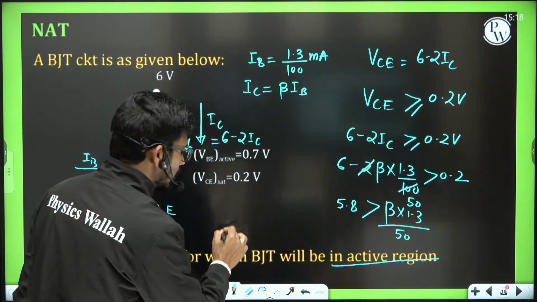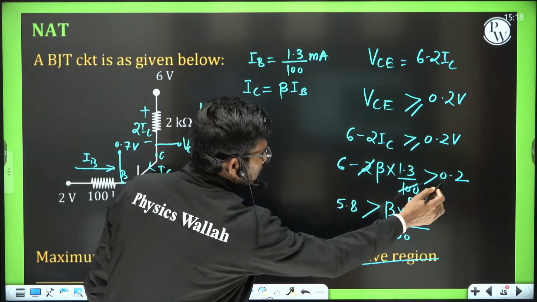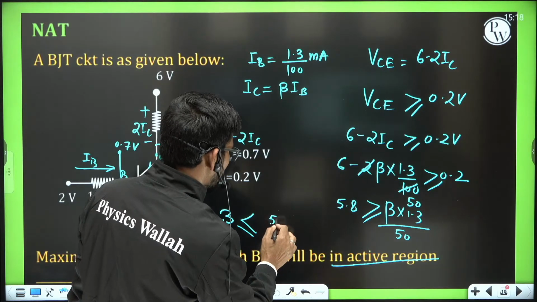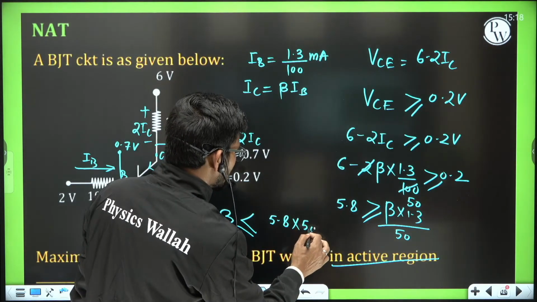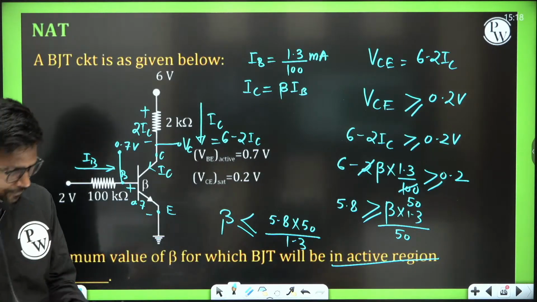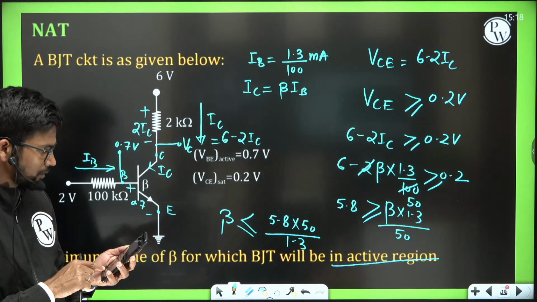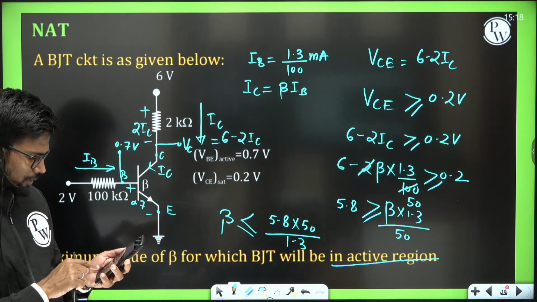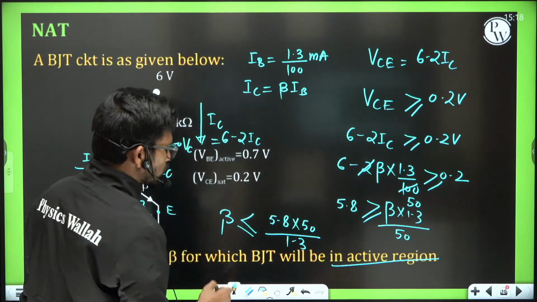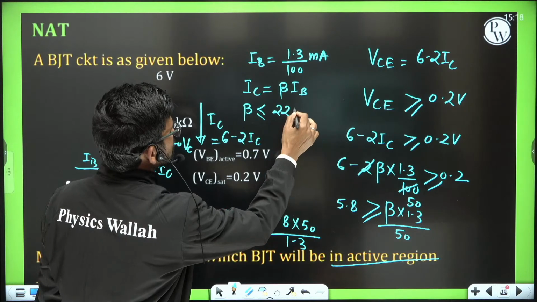From here, beta comes out to be less than or equal to 5.8 multiplied by 50 divided by 1.3. And what does it come out to be? 5.8 multiplied by 50 divided by 1.3 is 223.076. So beta is less than or equal to 223.076.